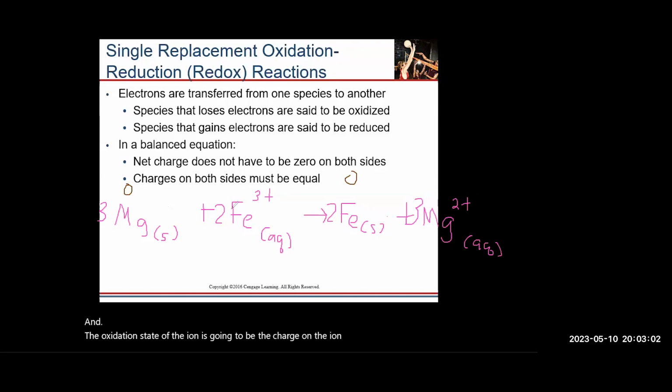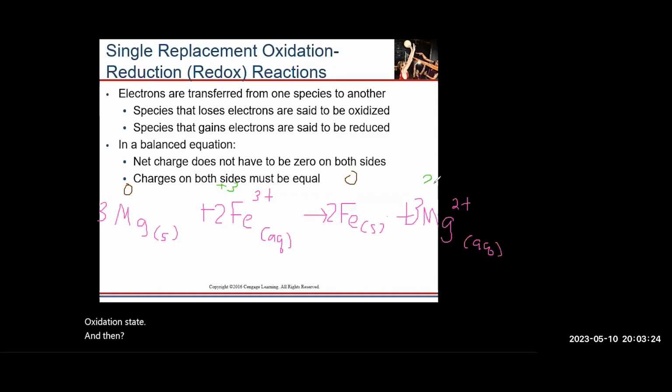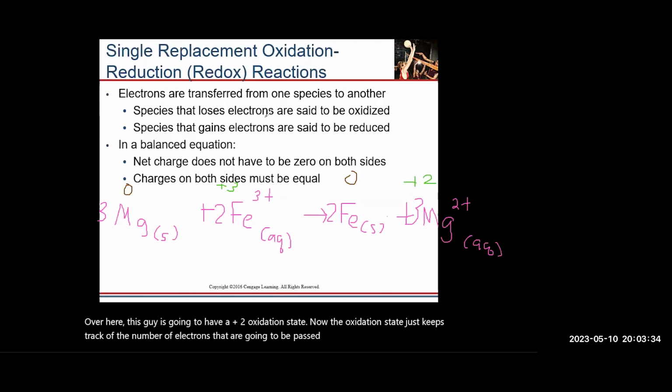So in the case of this iron, each of the iron is going to have a +3 oxidation state. And then over here, this guy's going to have a +2 oxidation state. Now, the oxidation state just keeps track of the number of electrons that are going to be passed. So I'm going to write this down so you guys can remember.